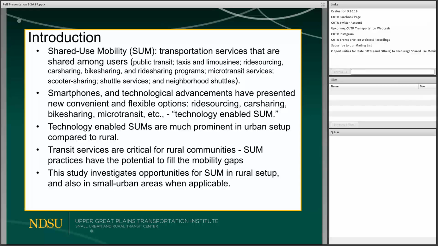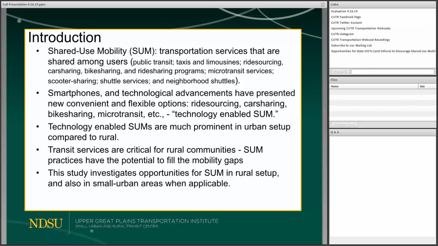And these conventional services provide lifelines to their users, connecting them to healthcare providers, employment opportunities, education institutions, and social activities. While conventional transit services provide lifelines to their users, emerging shared use mobility services have the potential to fill mobility gaps and provide flexible transportation options.